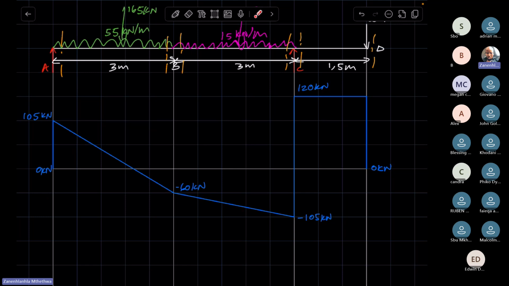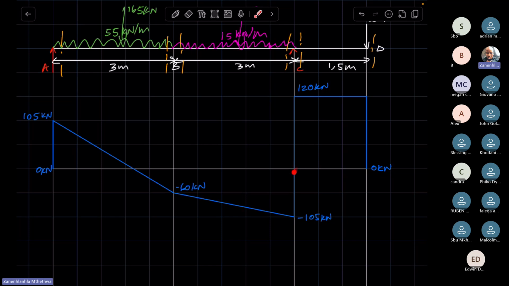So the shear force diagram is 0 at this point. It is also 0 at that point. Because it is 0 at these two points, it is likely that the beam is experiencing the most bending between this one or that one.